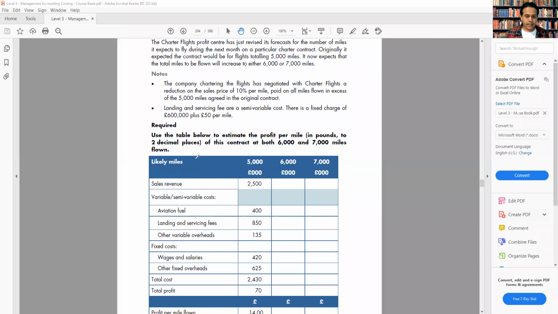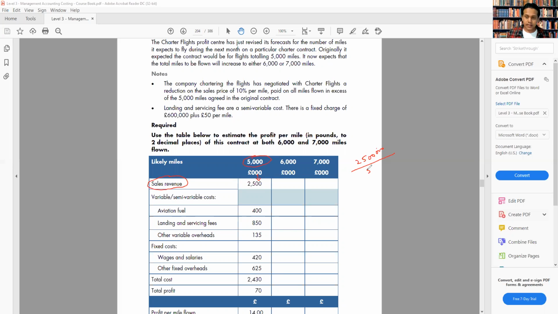So let's calculate the sales revenue. How much will the sales revenue be for 6,000 miles? First I need to know how much the sales are for 1 mile. How do you do that? It's 250,000. Remember, the figures are in thousands. So 250,000 for 5,000 miles.